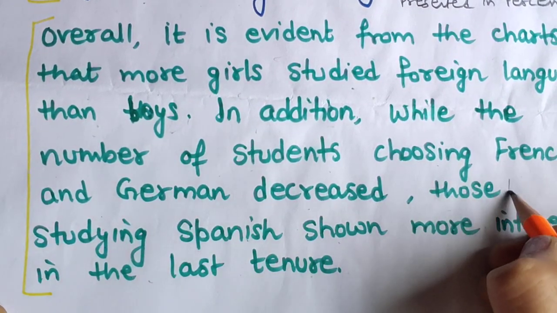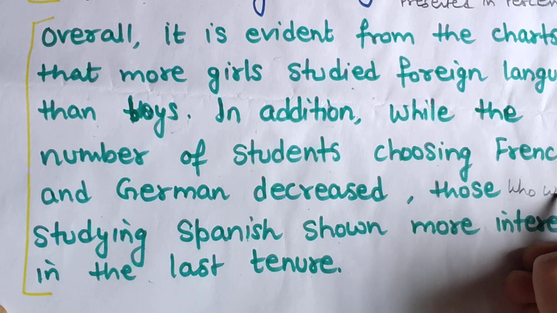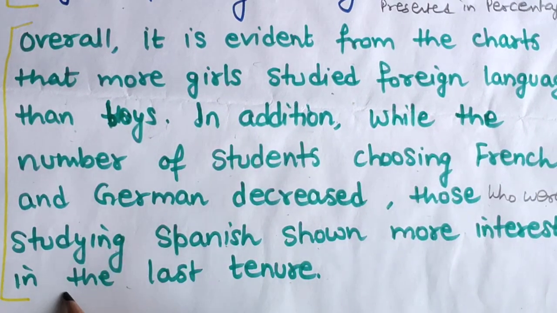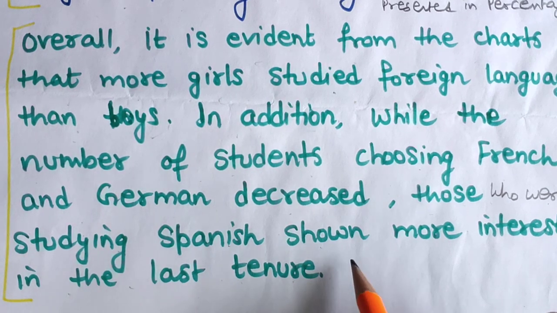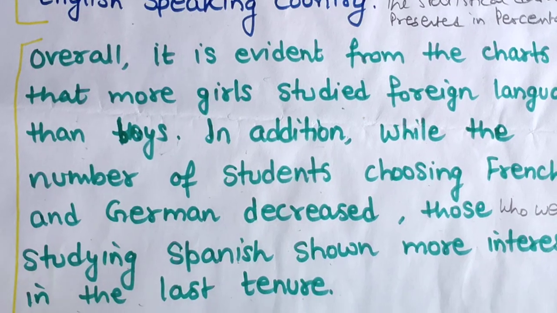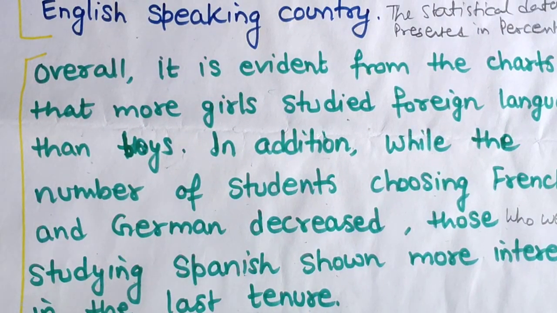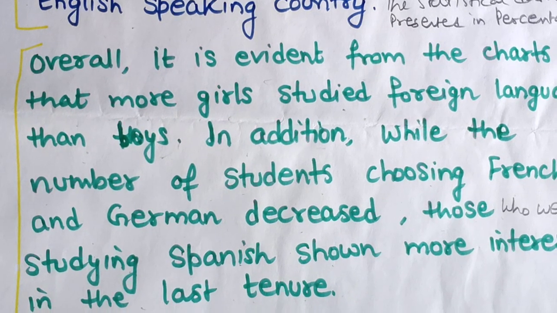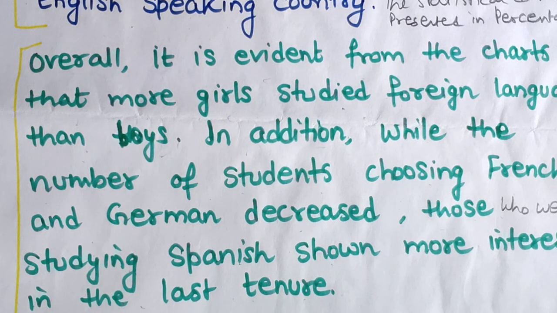Those who were studying Spanish showed more interest in the last tenure, meaning here we don't need to add any figures. So we will talk like that, as a story, as a summing up of this report writing. This is like a conclusion, you can say. You see how I have written it.